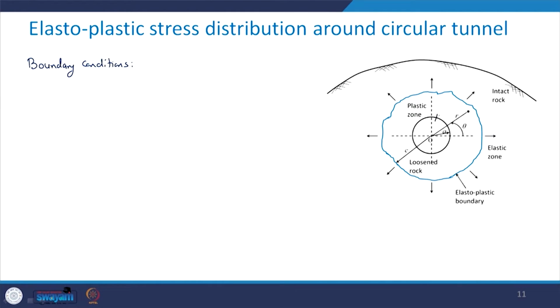This boundary, that is at r equal to a, is the free boundary because here excavation has taken place. So, this is the boundary of the cavity. Therefore, what we will have here is that sigma r double prime will be equal to 0.